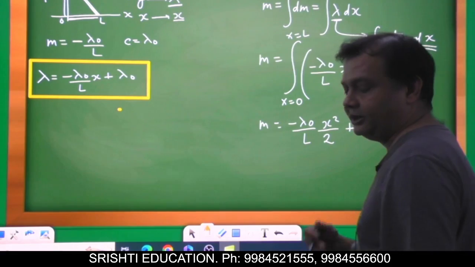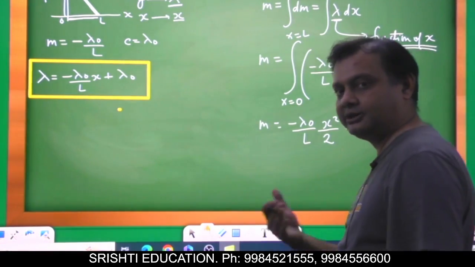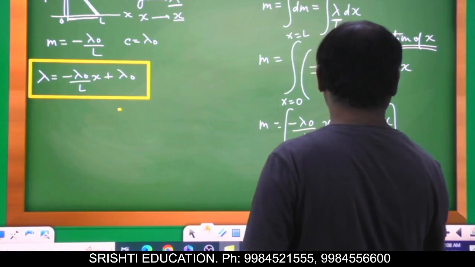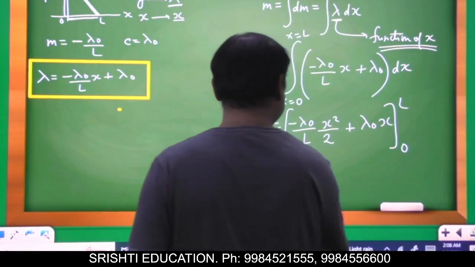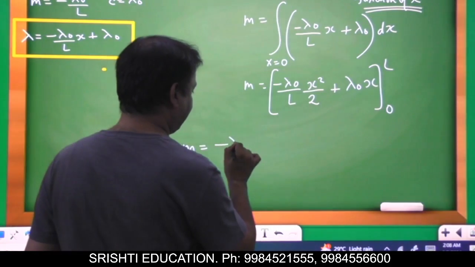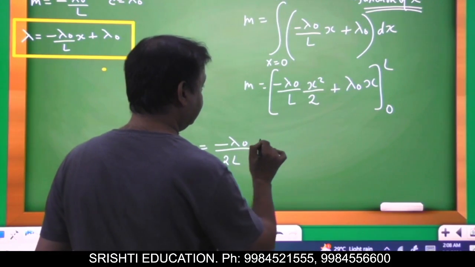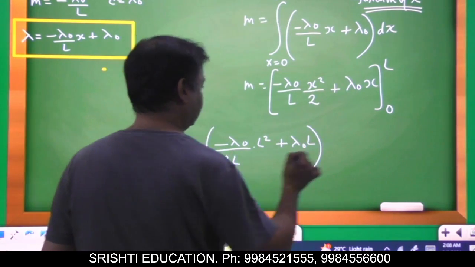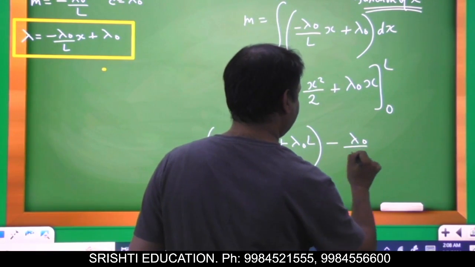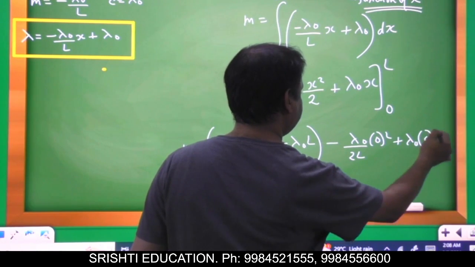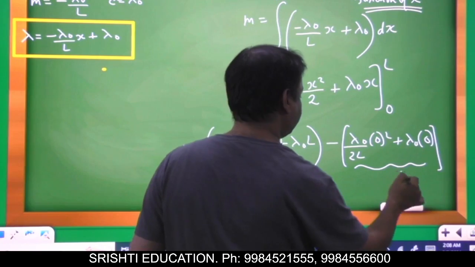Like for a, the integral is ax, for 5, the integral is 5x. So for lambda naught, the integral is lambda naught x. Put the limit 0 to L. So you will get m is equal to minus lambda naught by 2L, L square, plus lambda naught L, minus the same bracket with 0 substituted: lambda naught by 2L multiplied by 0 square plus lambda naught multiplied by 0. So this whole term will be 0.